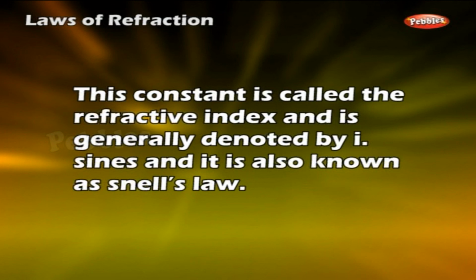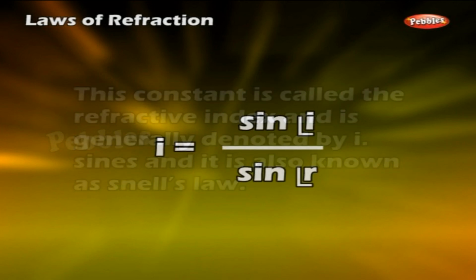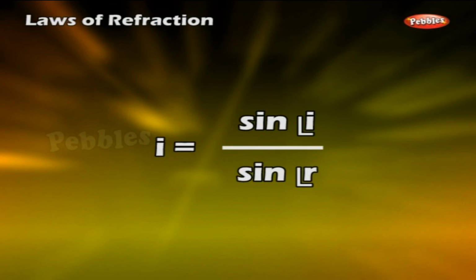This constant is called the refractive index and is generally denoted by mu, and it is also known as Snell's law. Mu is equal to sine of angle i by sine of angle r.